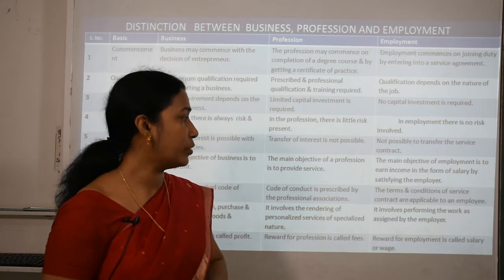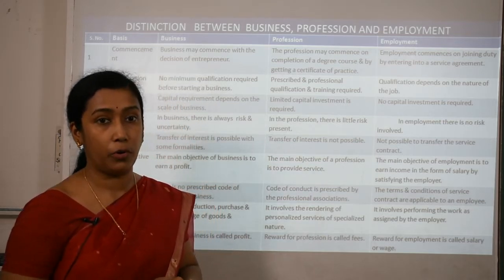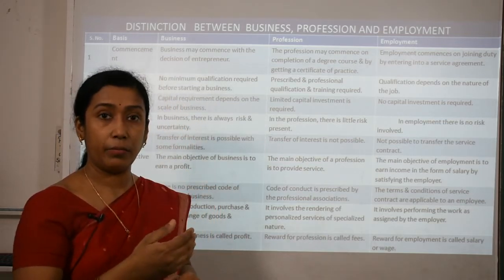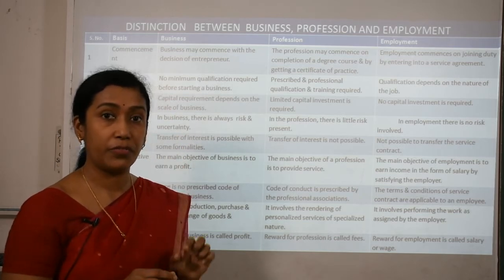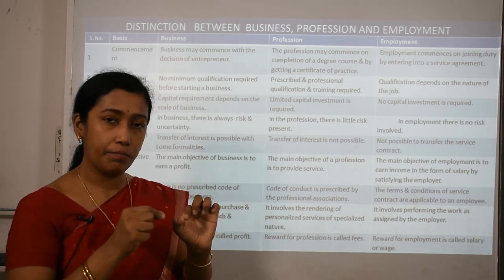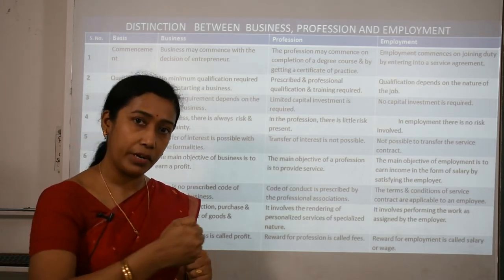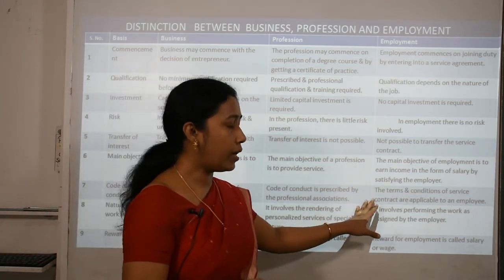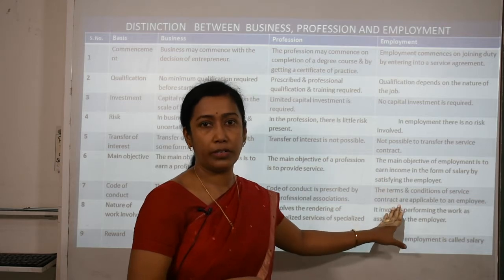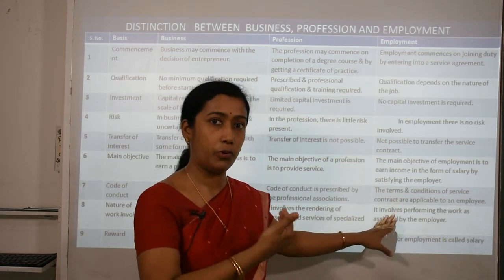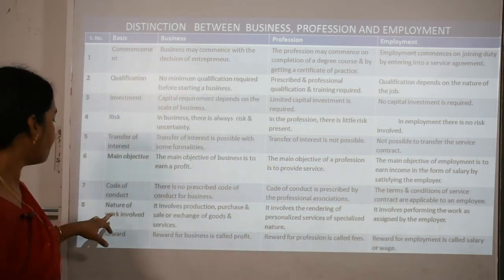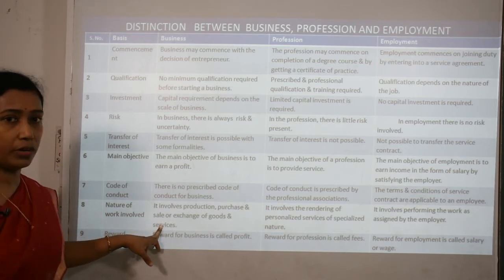But the terms and conditions of the service contract are applicable to an employee. As I said, in the service agreement there are certain rules and regulations framed by the employer. An employee needs to follow all the rules and regulations during his working period. So there are a lot of rules and regulations framed by the employer, and the employee needs to follow them.